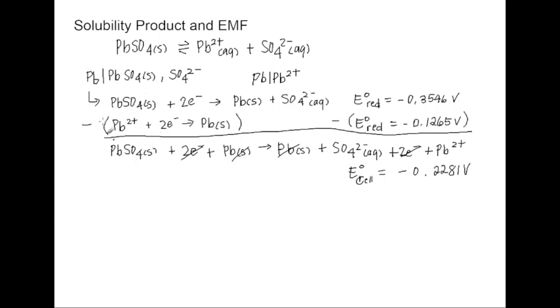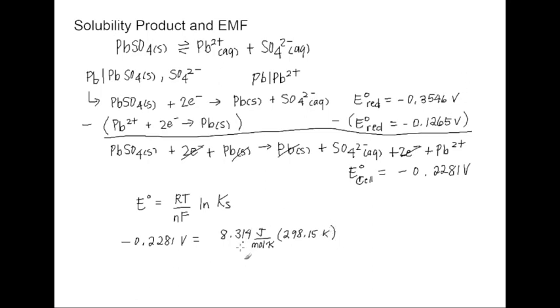The cell potential is related to the solubility product constant by this equation. So we plug in the cell potential. R is the gas constant in joule per mole Kelvin. The temperature is 298.15 Kelvin because the table that I used has reduction potentials taken at 25 degrees Celsius.